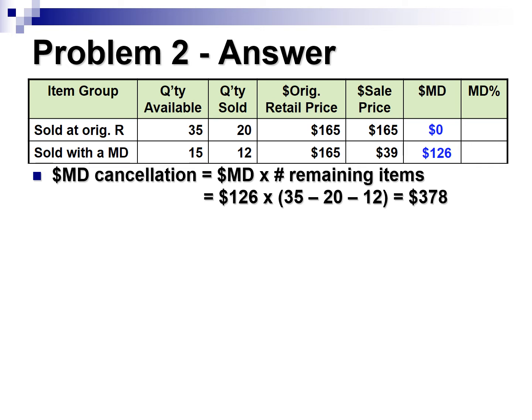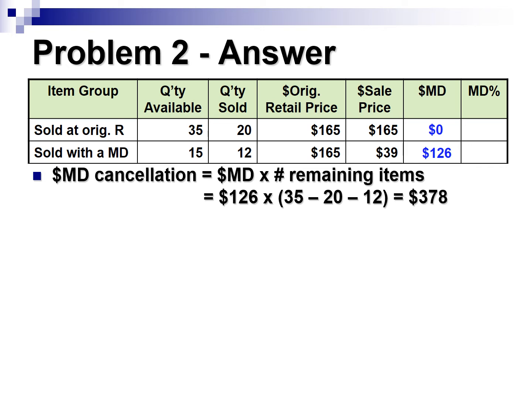So the first question was asking what's the dollar markdown cancellation. Okay, so we need to first know how many items were actually canceled, right? There were 15 items that were marked down and 12 were sold, so 3 items were left unsold, and for those 3 items markdowns got canceled, right? So that would be 3 items, 35 minus 20 minus 12.